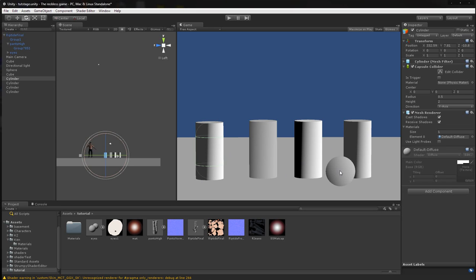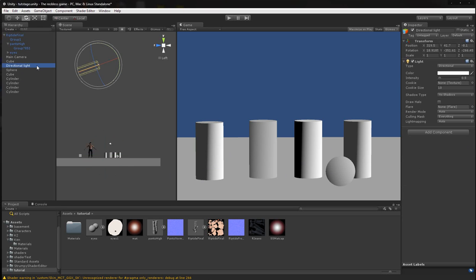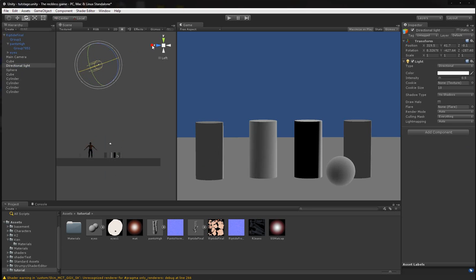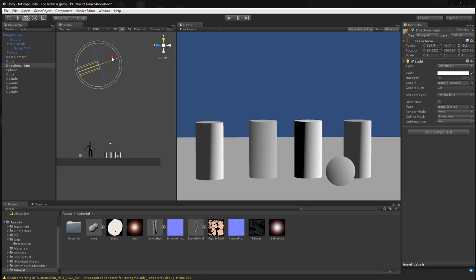But in this half-lambert, you don't get the darkest color happening on the unlit side completely.